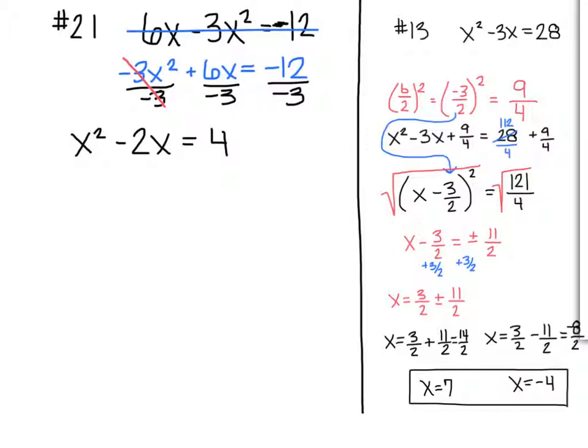Cool. Step 3 is figure out our special magic number, b over 2 squared. So we need to figure out what b over 2 squared is. Negative 2 over 2. Go ahead and reduce that to negative 1, right? What's negative 1 squared? 1.